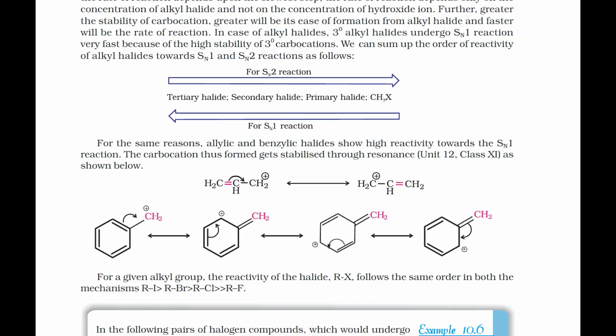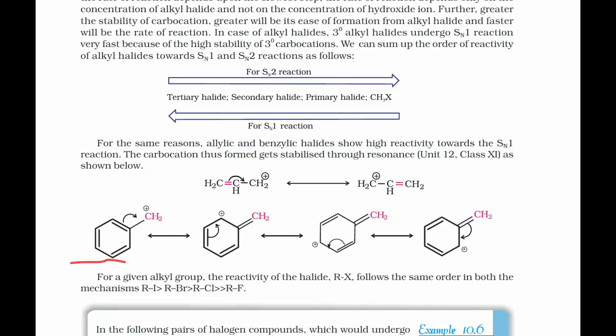Both allylic and benzylic halides, remember such questions will be asked in examinations, show high reactivity towards SN1 reactions, because of the formed carbocation. Once the carbon halide bond breaks, you will get a carbocation like this in the allylic case, and in the benzylic case, if the X breaks here, then you will get a carbocation like this.